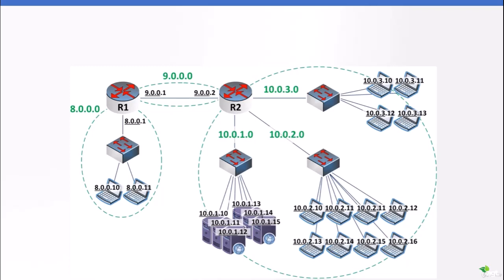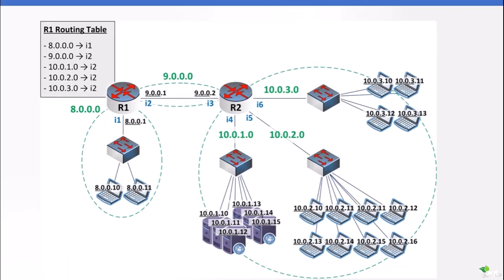We're also going to have to name the interfaces on our routers. So they're going to be interface 1 and interface 2 on router 1, interface 3, 4, 5, and 6 on router 2. And then we're going to look at what the routing table in router 1 looks like.